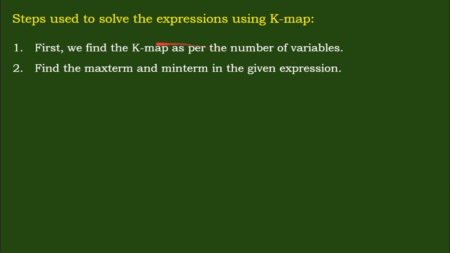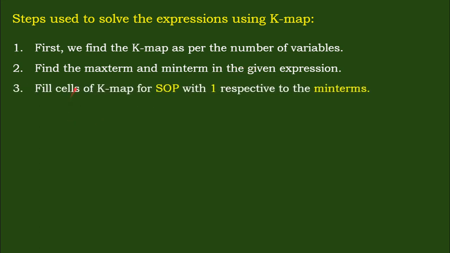The given expression consists of components added. That means the products are added to get the sums. So you have to find out whether there is a presence of max terms or min terms in the given expression. Next step is to fill the cells of the K-map for SOP with 1 with respect to the min terms.